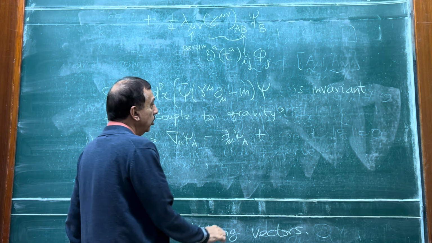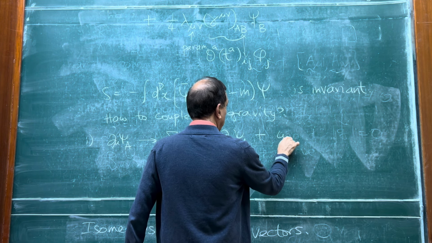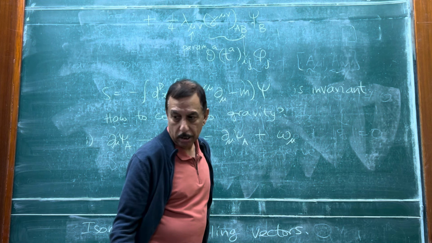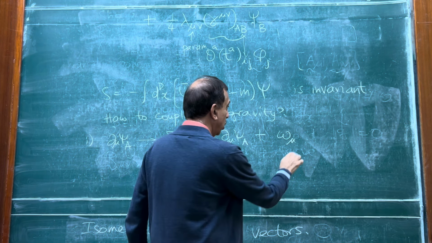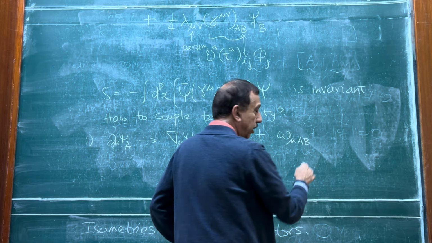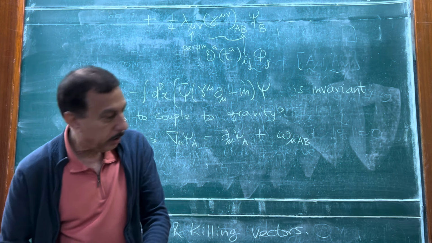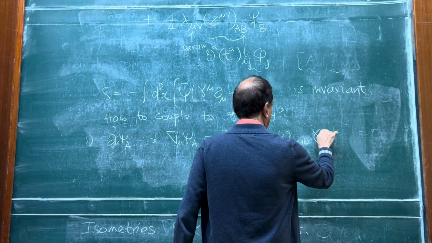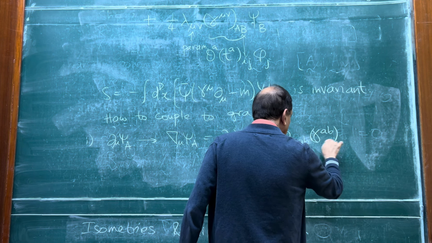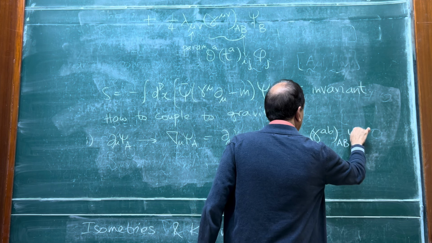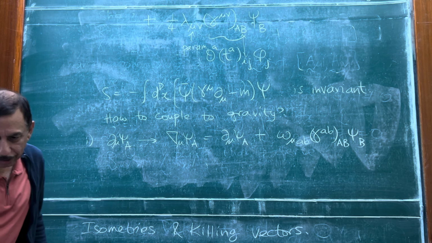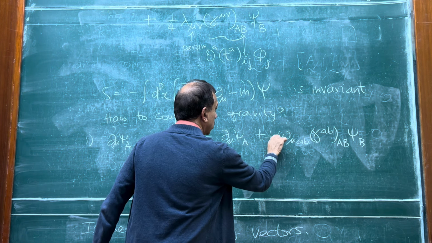And this term is precisely omega mu AB, times gamma AB, and there might be a factor there.